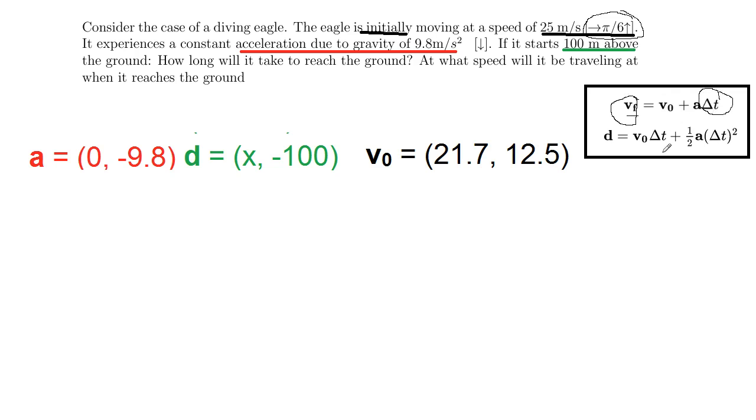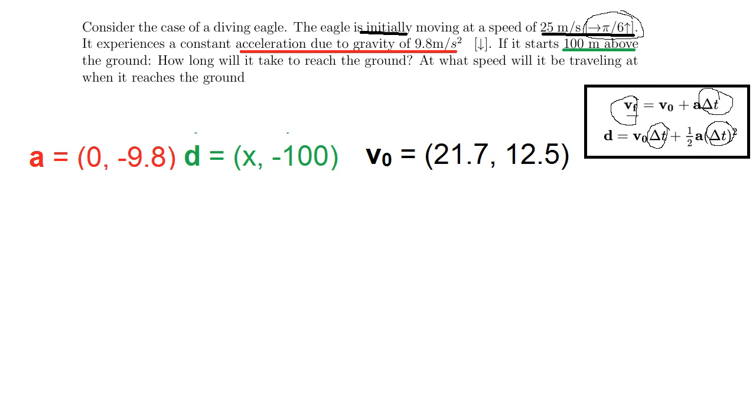So this top equation I actually can't use as it's written because it's got two variables in it that I don't know. If I take a look at this bottom one, though, I can do some work with this because even though I don't know the total displacement, I know a little bit about the displacement. I know the initial velocity. I just don't know the change in time. And I know the acceleration.